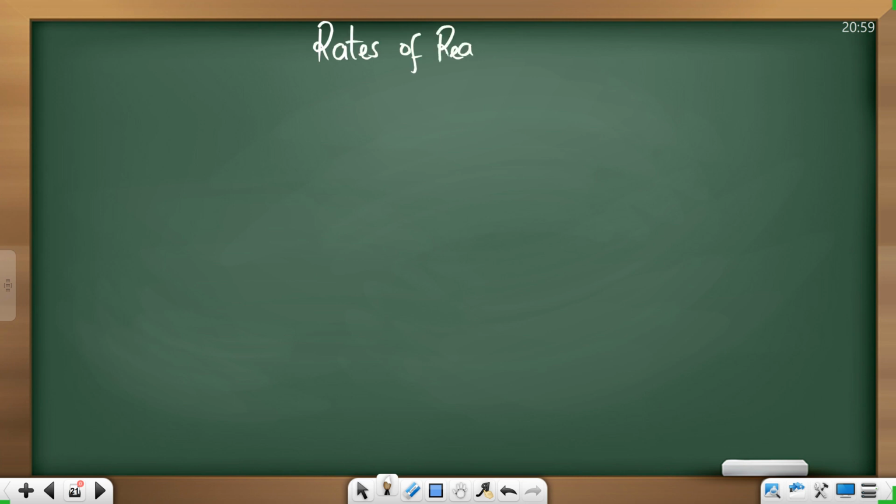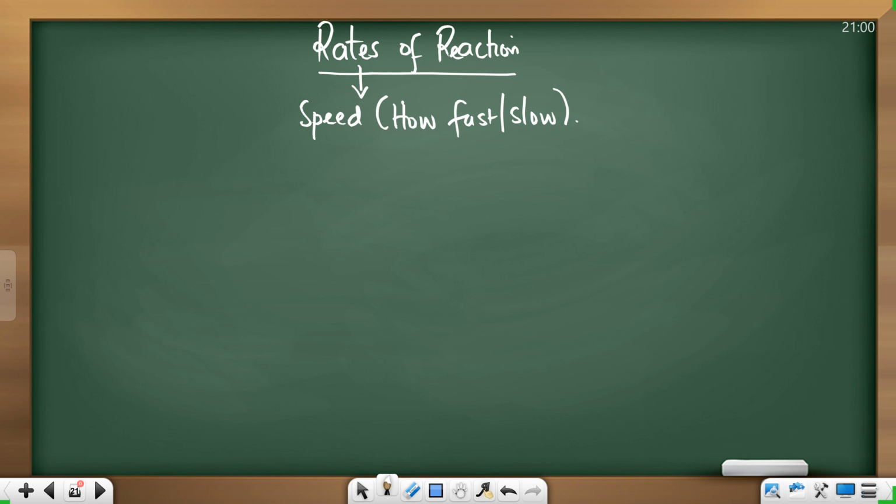Rate of reaction. The first thing I'm going to talk about is speed. We're talking about how fast or slow a reaction takes place.